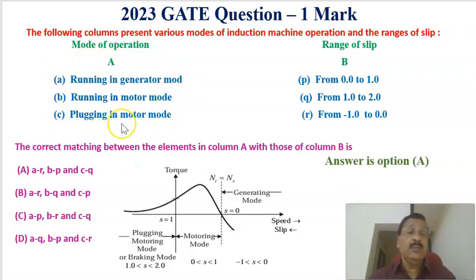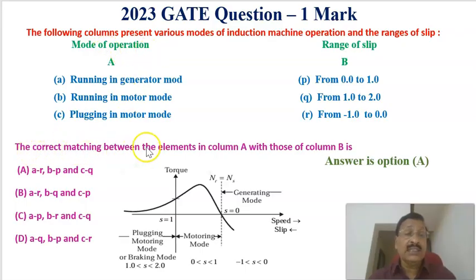The slip ranges in column B are: P from 0 to 1, Q from 1 to 2, and R from -1 to 0.